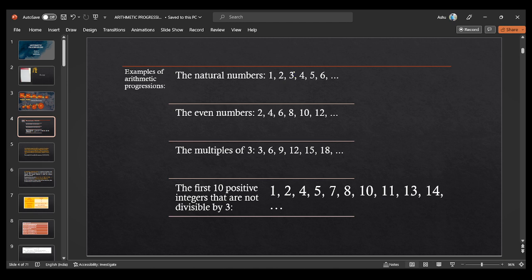Observe these patterns. Here the difference between two numbers is 1. Clear?